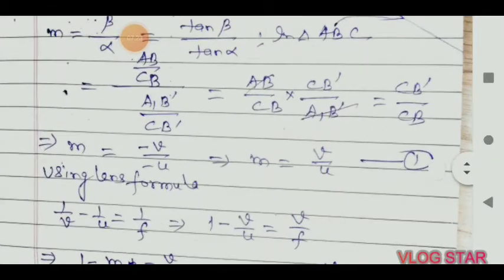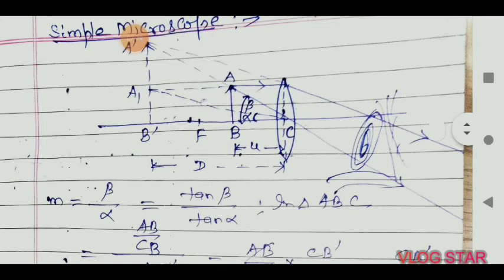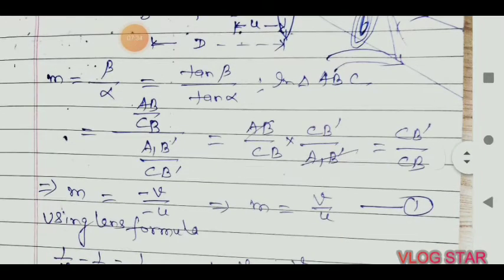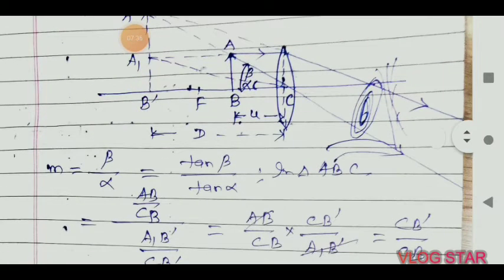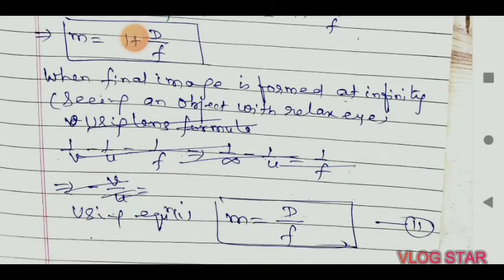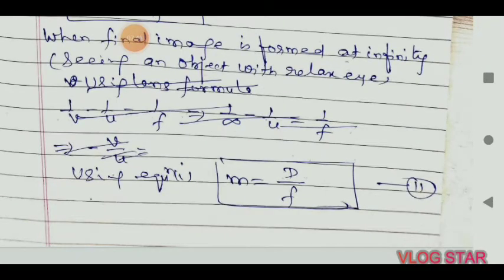So in place of U you may write f, where the object's position is f. And in that case the image distance V will be equal to D. So in that case the magnification will be D by f.